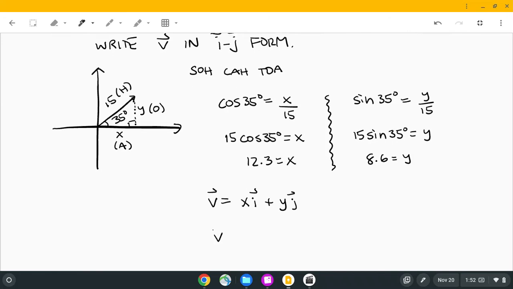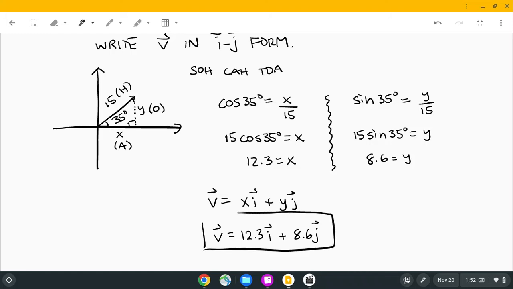Therefore, vector v is 12.3 i plus 8.6 j. All right, so there you have that.